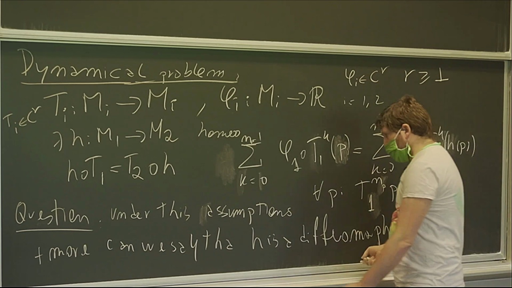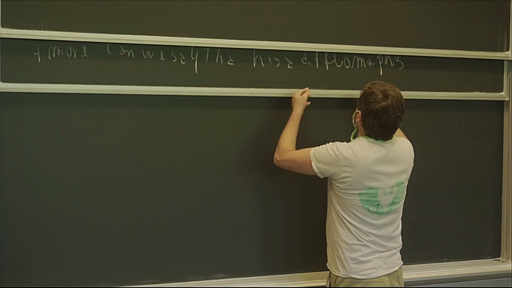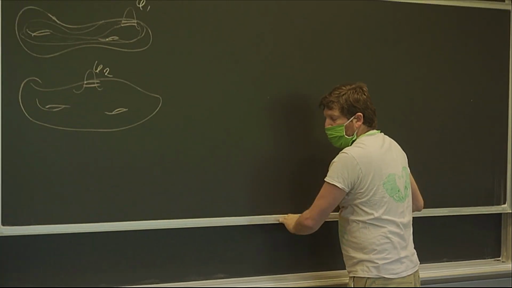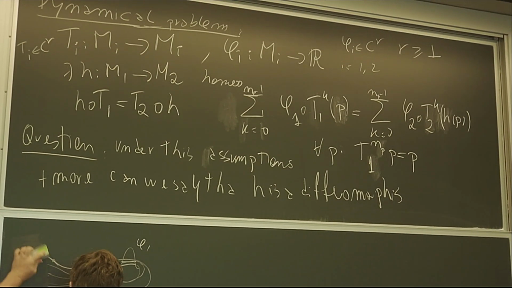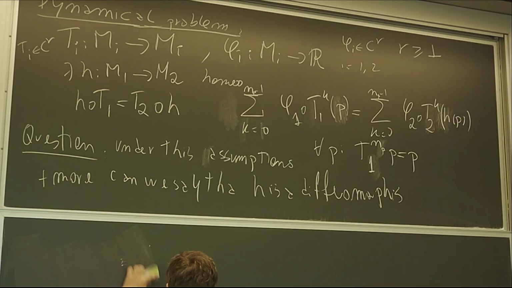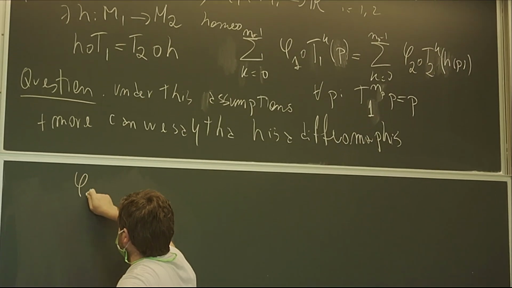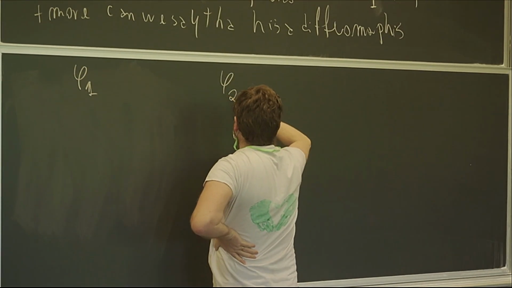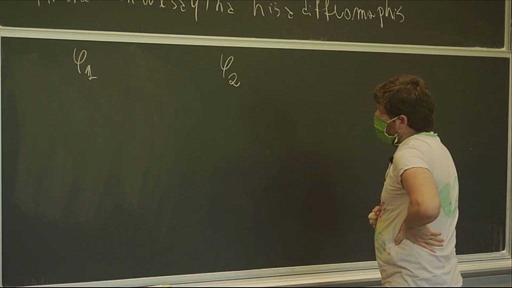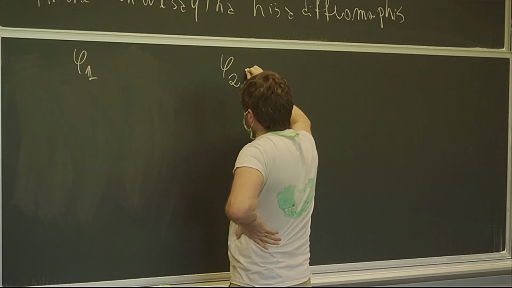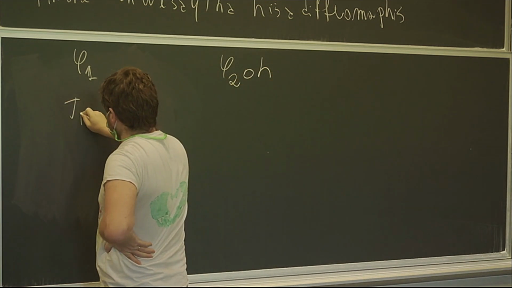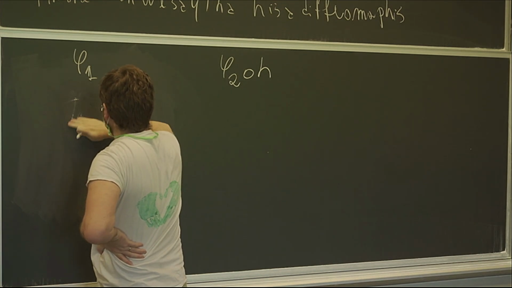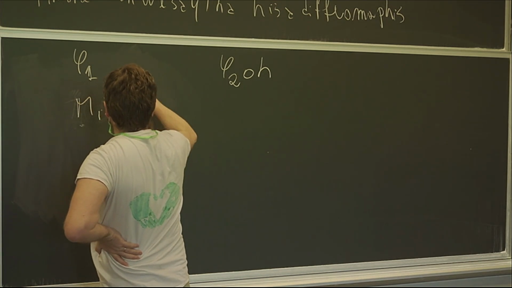So then let me put the intermediate theorem that clarifies these conditions on the potentials. So you have your function phi1, with your dynamics T1, you have your function phi2, with your dynamics T2, and you can bring, so here is the dynamics T1.